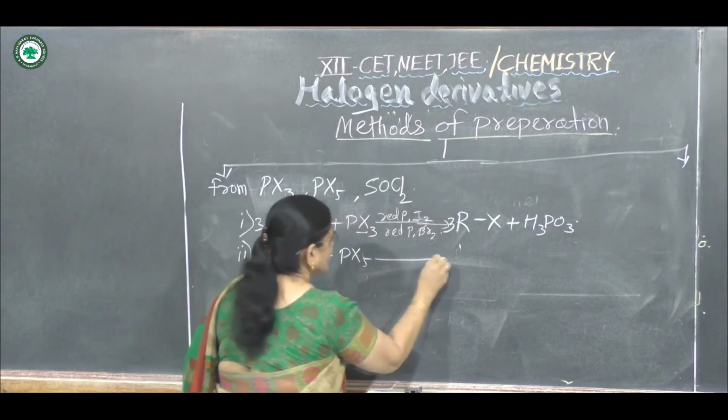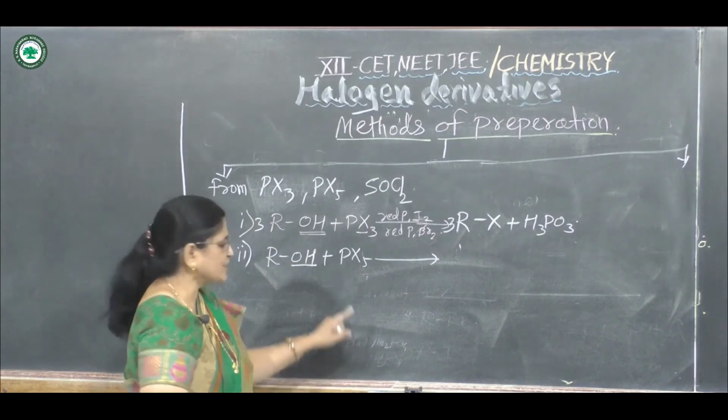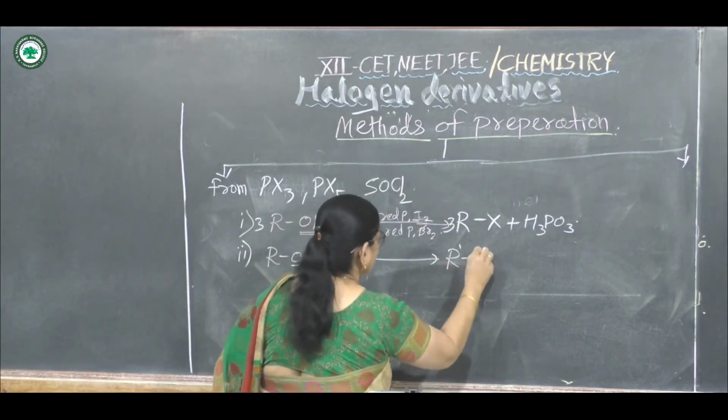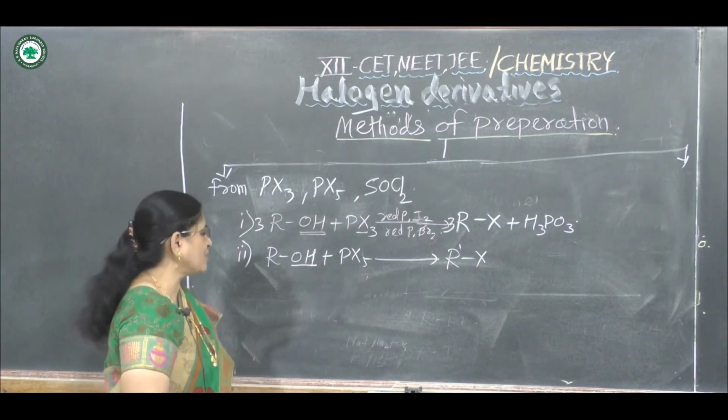Then the second reaction, with PX5: ROH, again alcohol, plus PX5. Again the OH group gets replaced by a halogen atom and it forms RX. Which byproducts form here?